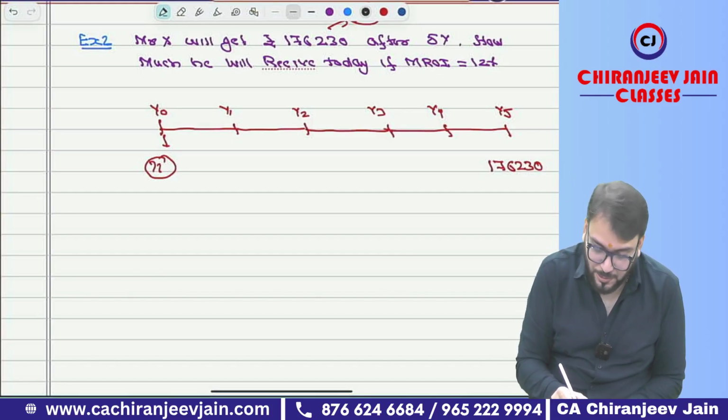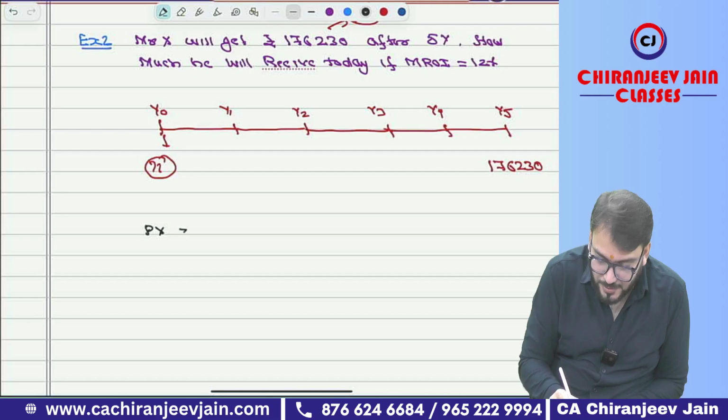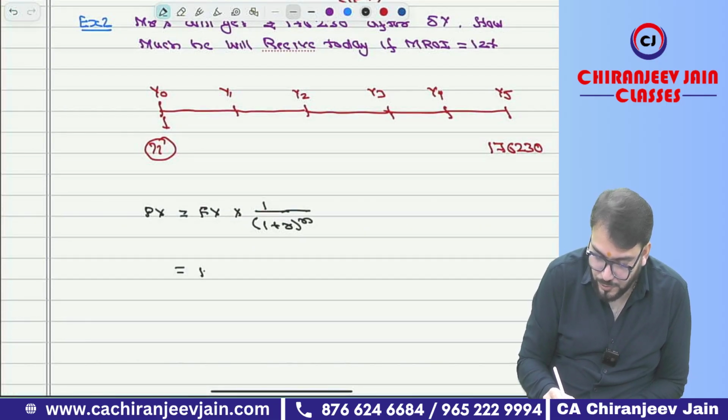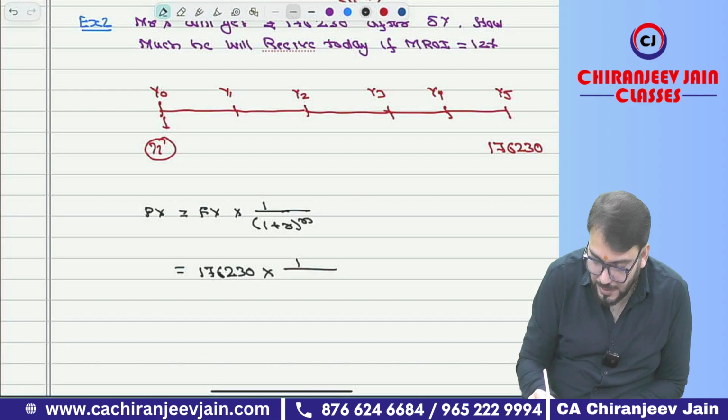Present value is equal to future value into 1 by (1 plus R) to the power n. The future value is 1,76,230 into 1 by (1 plus 0.12) to the power 5. How much are you getting?